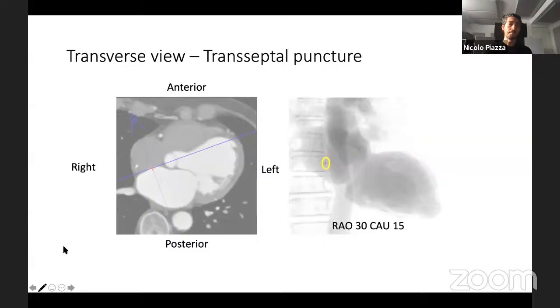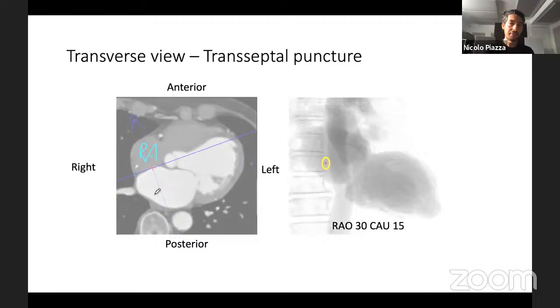Now, this is, I would say, a transverse cut across the heart, which means that it's a cranial 90. We cannot get that on fluoroscopy, of course. But this would be a cranial 90 view, a transverse view of the heart. Notice that you have the right atrium here.